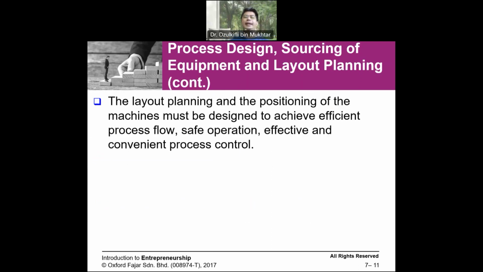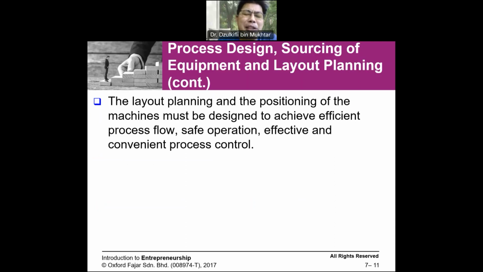So the layout planning and the positioning of the machine must be designed to achieve efficient process flow, safe operation, effective and convenient control. Wow, panjang statement ni. So macam mana saya nak explain? Okay, again, I would like to use McDonald's as an example. Nearby dekat PC ni ada McDonald's.